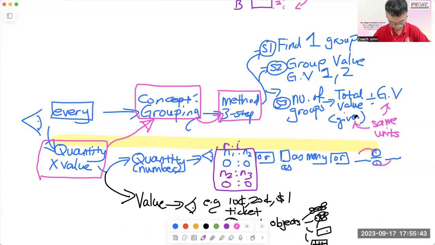Okay, so my story for my students is, I will tell my students, imagine you did well for your PSLE. So after PSLE, I gather all of you to form a group of friends.